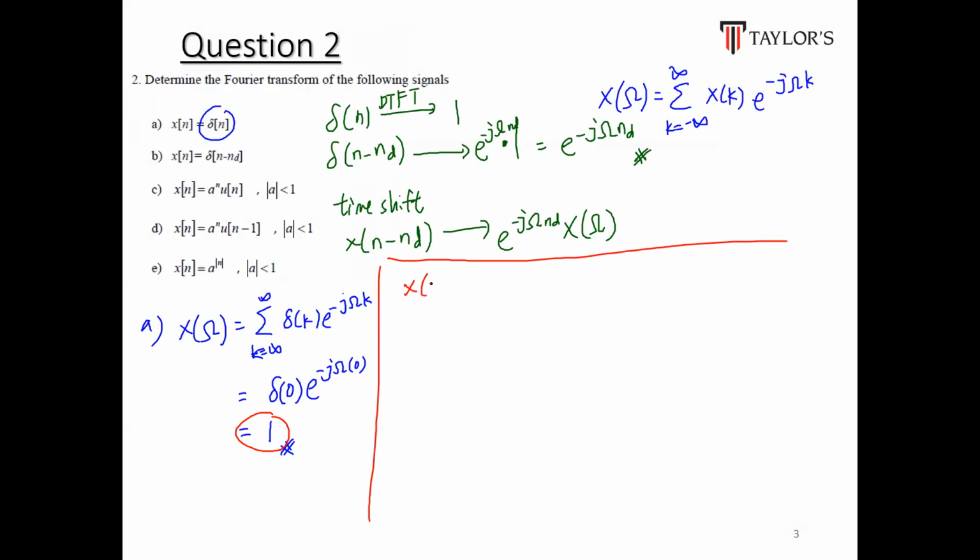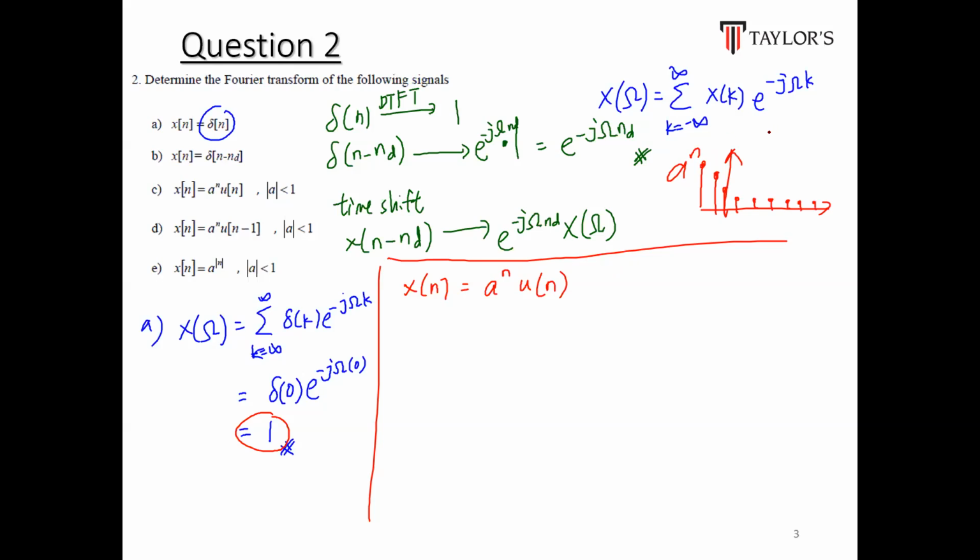Now x[n] equals a^n multiplied by u[n]. What does it mean? The a must be smaller than 1. So a^n, for a smaller than 1, will look like this. It comes from the top and then goes smaller and smaller because a is smaller than 1.